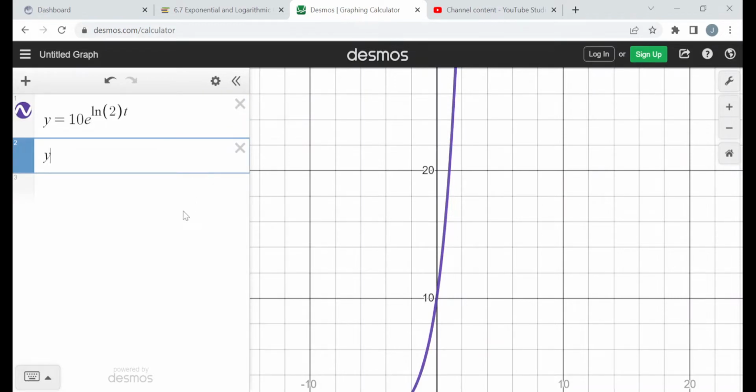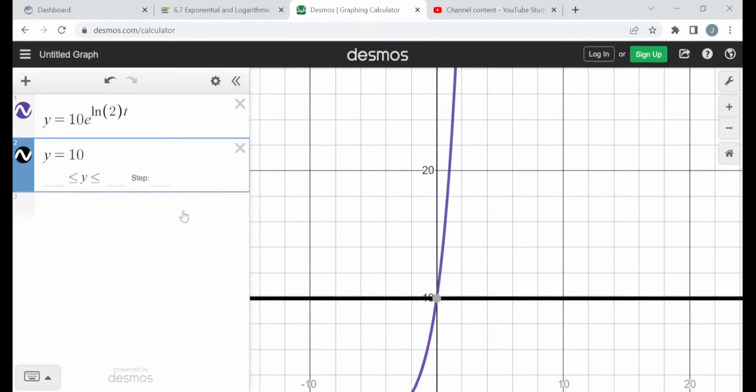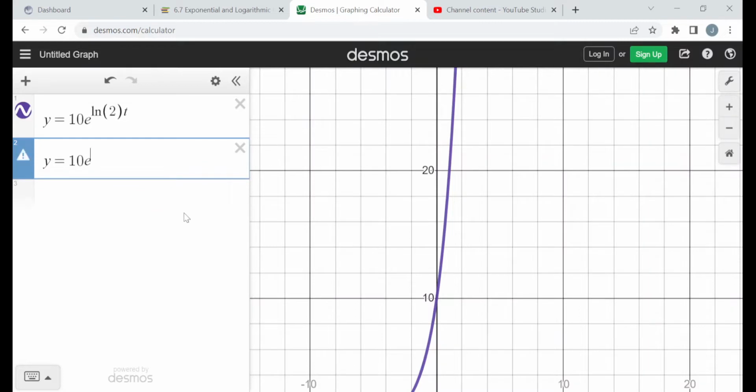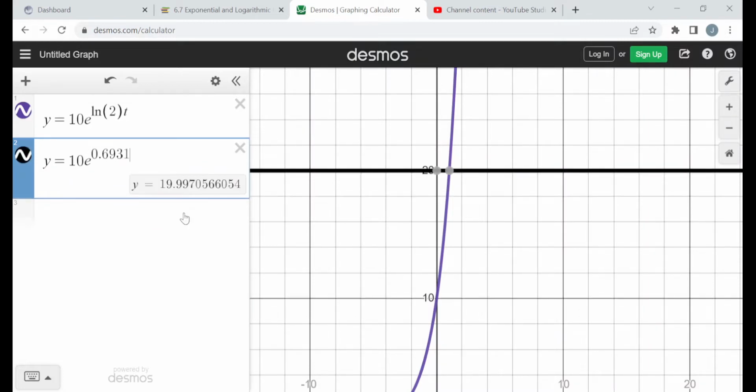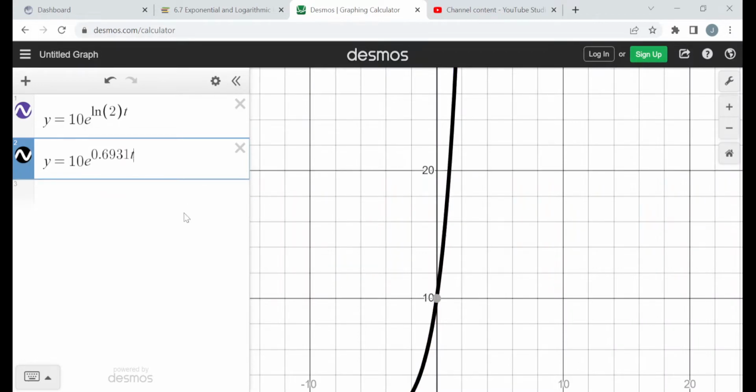And like I said, you can put in y equals 10 times e raised to the 0.6931 times t power. And it's not exactly the same, but it's pretty much the same graph. See, if I turn it off and on, it's pretty much the same thing. But that's why I'm saying round the value of k to at least 4 or 5 decimal places to make it as accurate as possible.